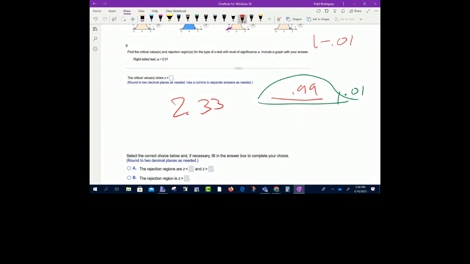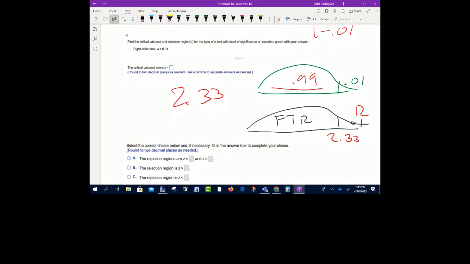So look, y'all, let me draw a better picture. That picture is a little messy. 0.01. This area is my fail to reject, and this area is my rejection area. Here's my 2.33. We're looking for the rejection area.